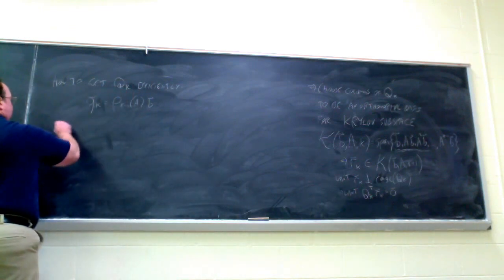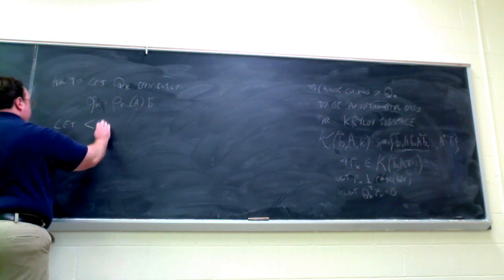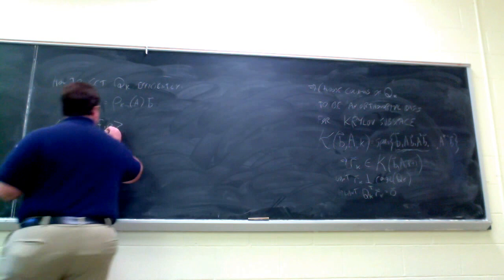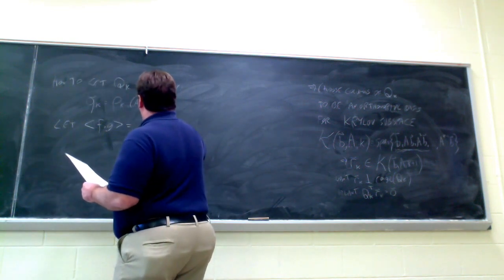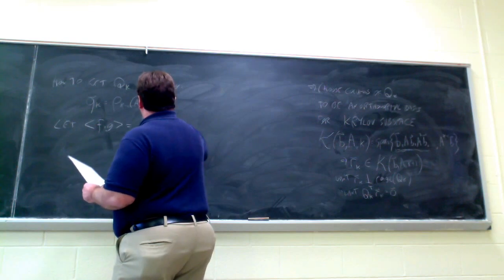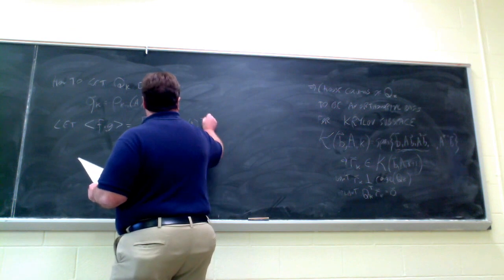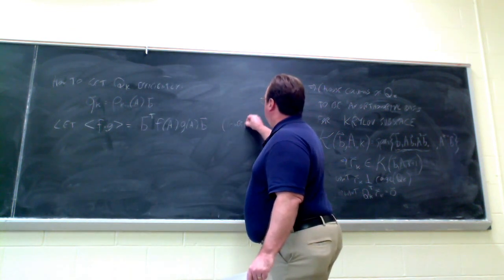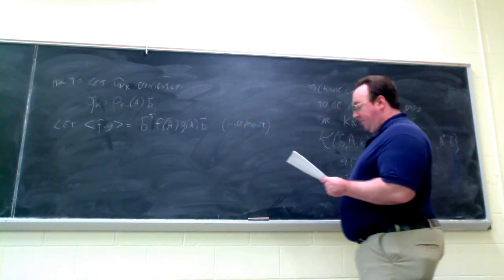Also, I can define an inner product of functions to be b transpose f of A, g of A times b. So it's a rather unusual inner product of functions.